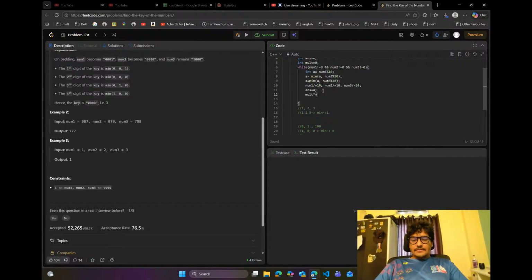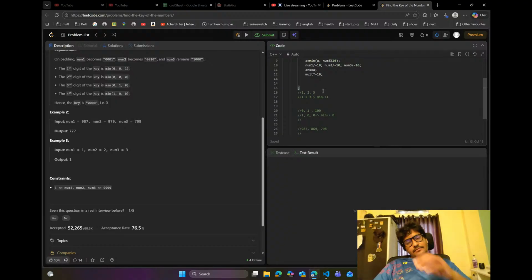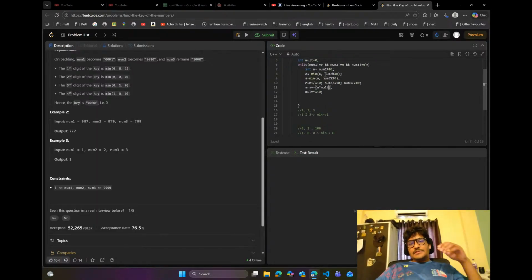This multiplier gets multiplied by 10 every time. Initially, this multiplier is 0.